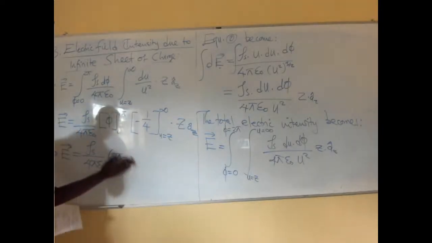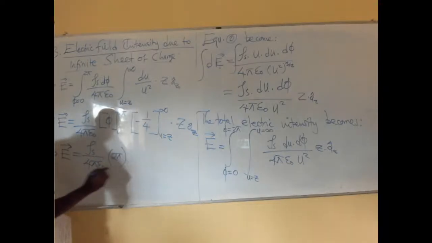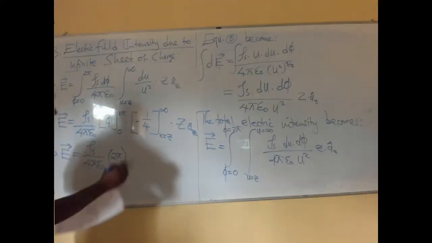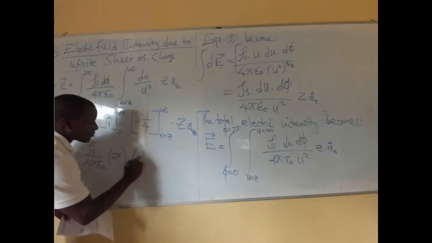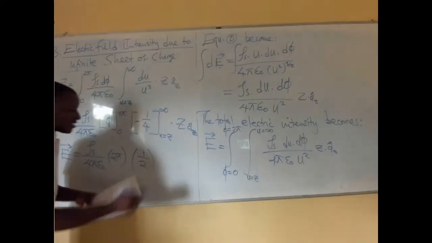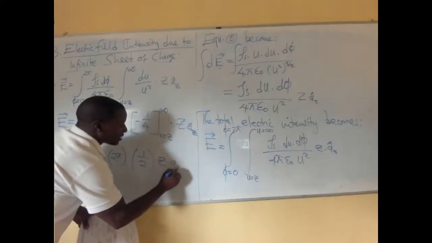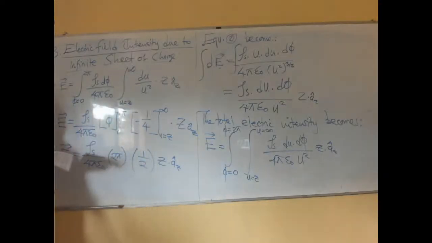You don't even need to write it that way, just multiply it by 2π. Then, when we do the computation, what we get is half, and then we have z into az as a unit vector.